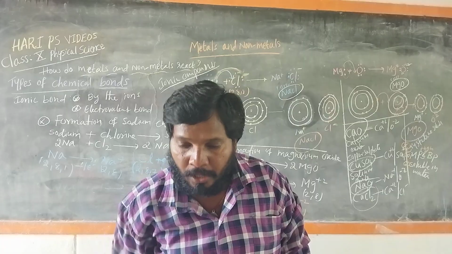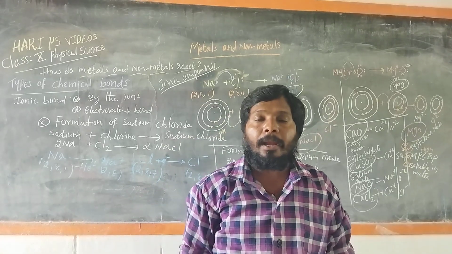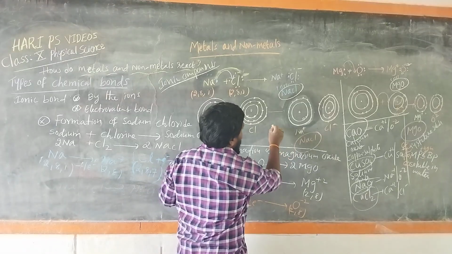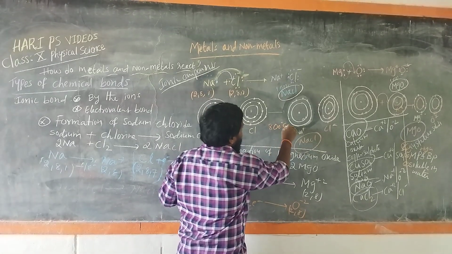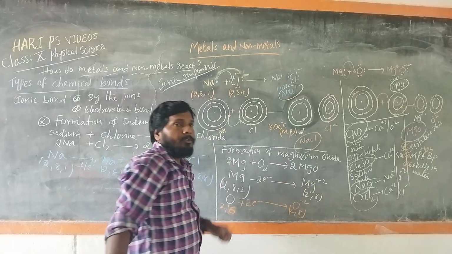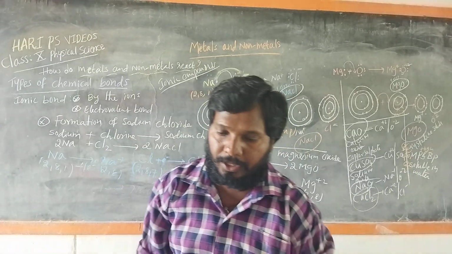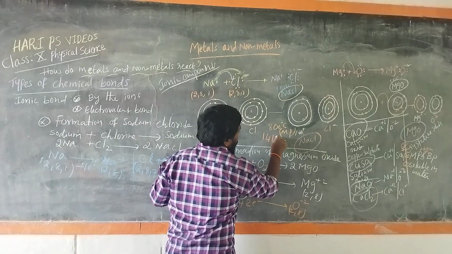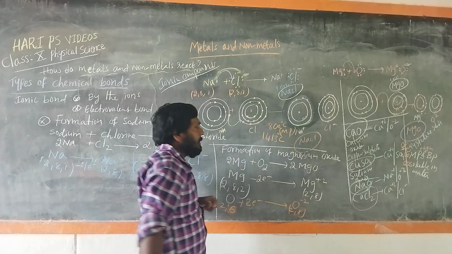Sodium chloride melts at 800 degrees centigrade. This is the melting point of sodium chloride, and the boiling point is 1430 degrees centigrade.